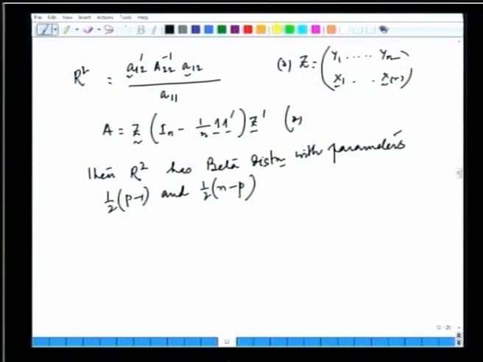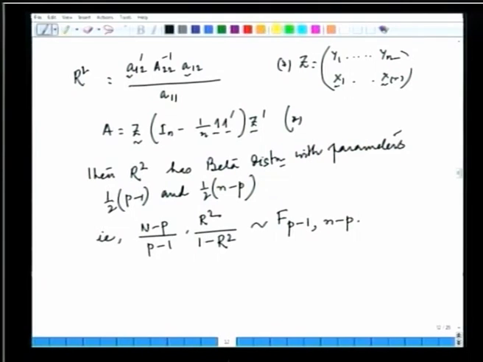That is, the data dimensionality including y and this p minus 1 dimensional vectors x, and half n minus p, n being the sample size or the number of observations on the random variable. That is, if this is so, by our well known result we have n minus p by p minus 1 times r square by 1 minus r square following an F distribution with degrees of freedom p minus 1 and n minus p.